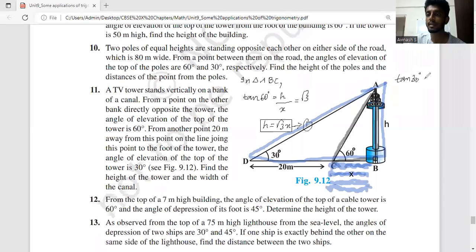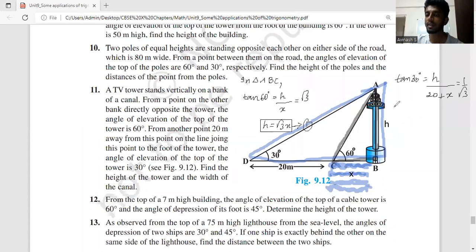When I use tan 30, the opposite is H, and the adjacent side will be 20 plus X, because that is the complete adjacent side, as you all can see. So for 30 degrees, this is the complete adjacent side, which is 20 plus X. It's not only 20, it's the whole thing. So 20 plus X, that's what we have assumed it as. And the value of tan 30, we all know, is 1 by root 3.